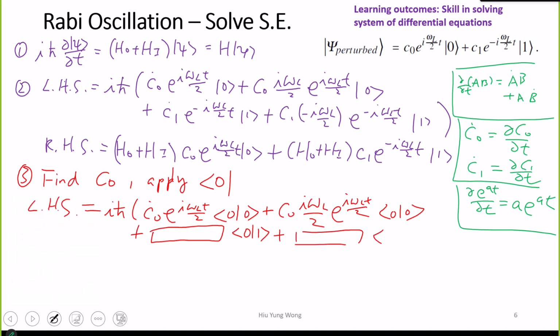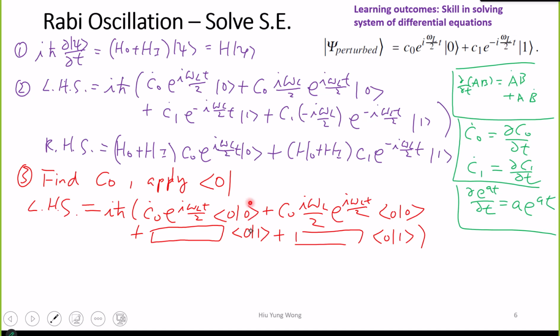Any questions of what I'm doing here? Any questions? Is this clear? Right? I multiply from left. This is just linear addition. So I applied <0| to each of these terms, right? I'm very slow, but in the future, it's so clear to you. You will just say, okay, go to here, right?